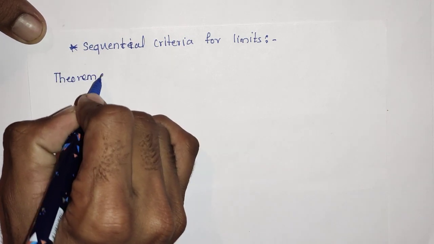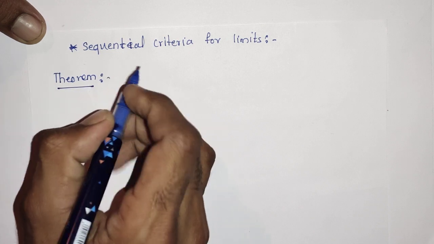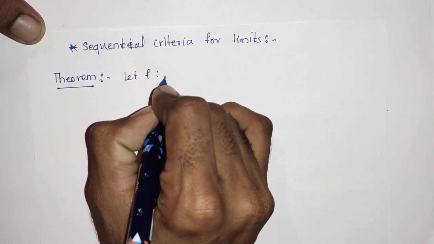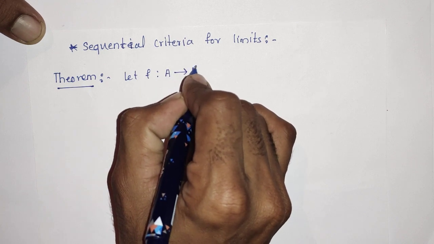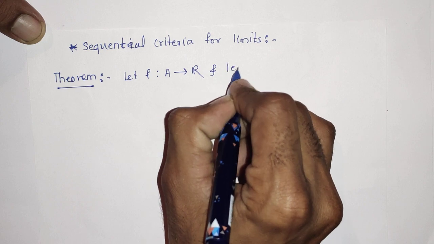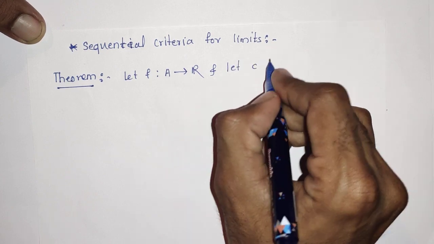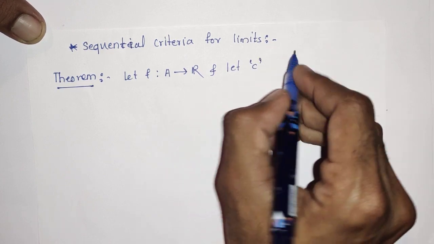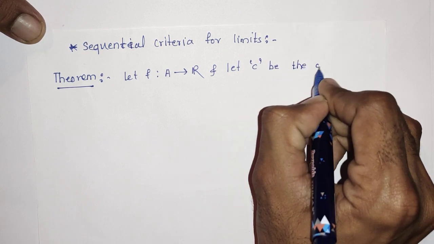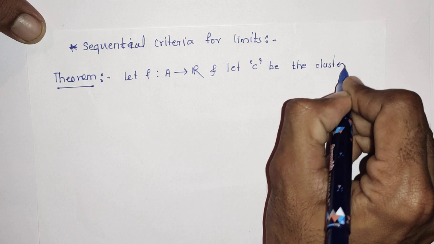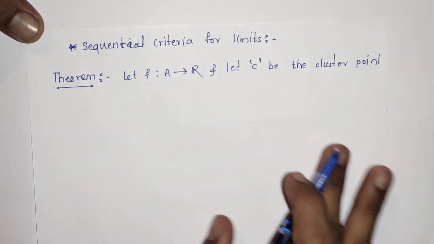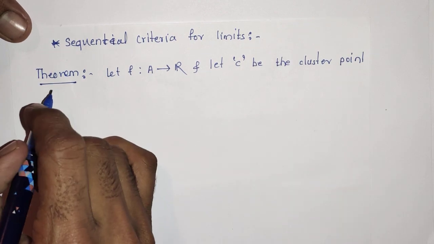So, the statement of the theorem is: let f from A to R be a real valued function, and let small c be a cluster point of A, meaning all the elements of A are very close to c.